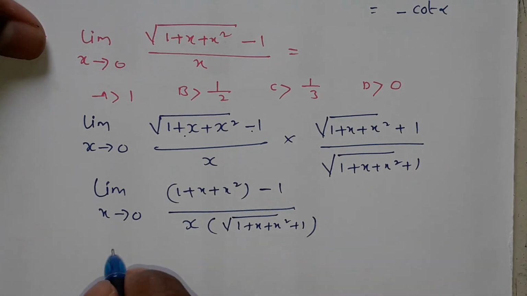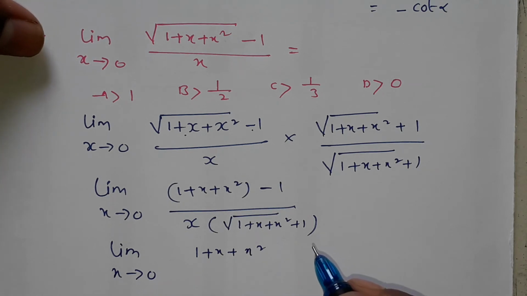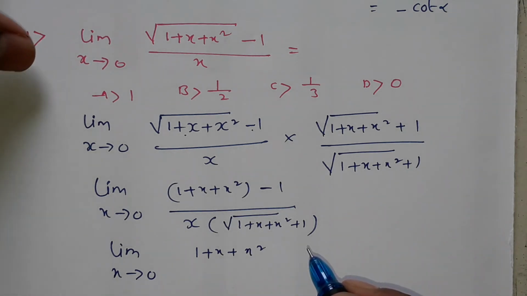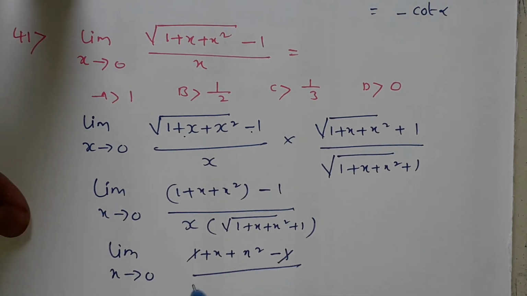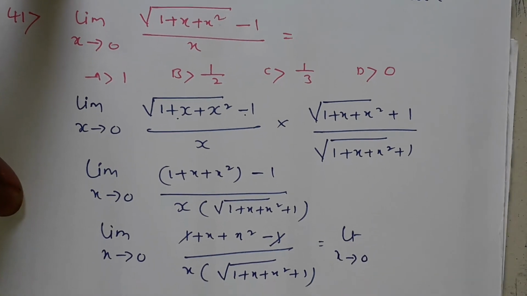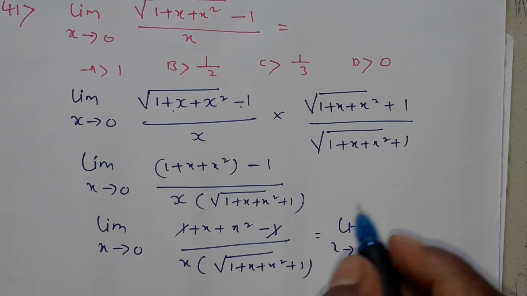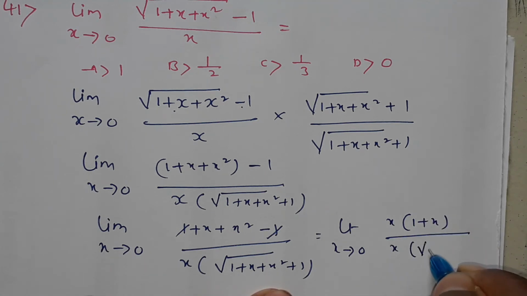Here apply the values: limit x extends to 0, 1 plus x square minus 1, negative gets cancelled, x of (under root 1 plus x square plus 1), equal to limit x extends to 0, x is the common term, by x under root 1 plus x square plus 1.